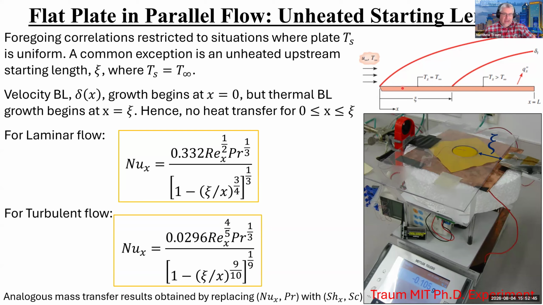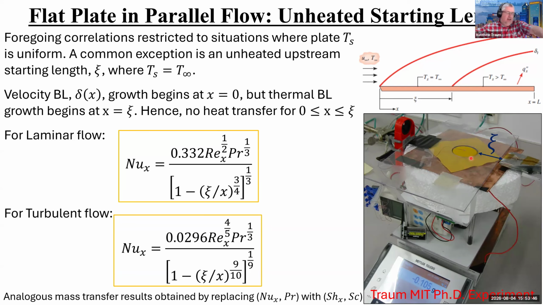In fact, in my own PhD research, when I did my PhD at MIT, I had this exact situation. I was blowing dry nitrogen, basically air, over a fabric. What was under the fabric was a little dish of water, and I was interested in the rate of diffusion of the water through the fabric. So this was the calibration experiment. I later did experiments looking at micro and nano engineered pores, or diffusion coefficients through pores of microns down to nanometers in characteristic diameter.